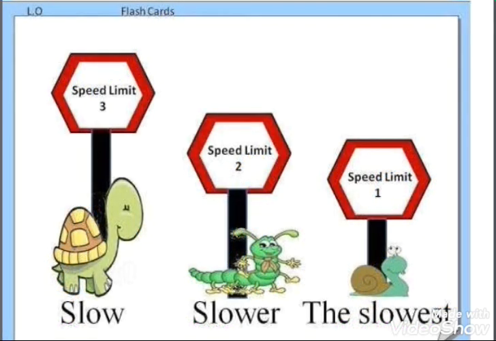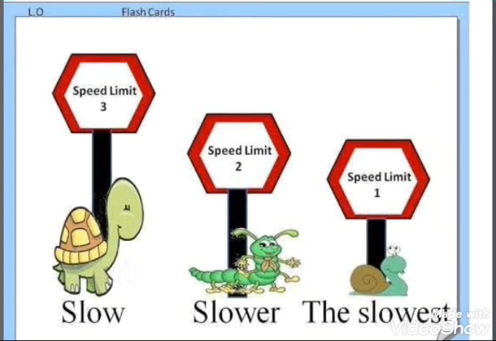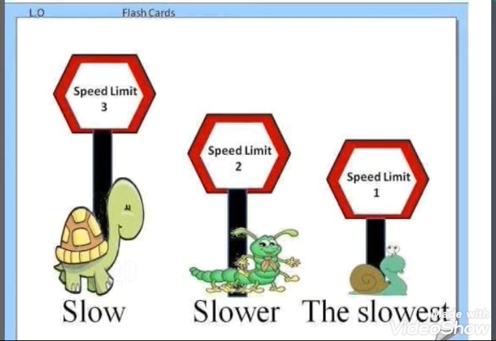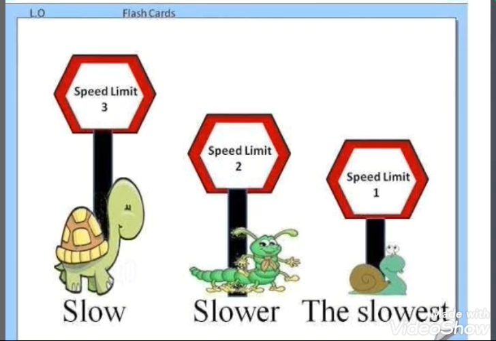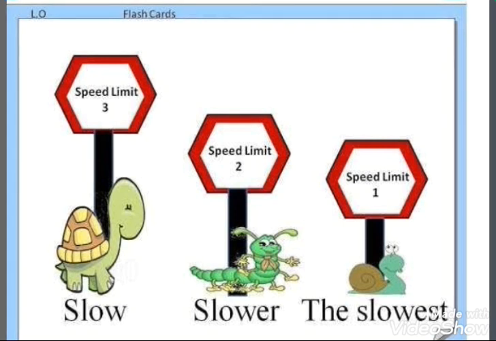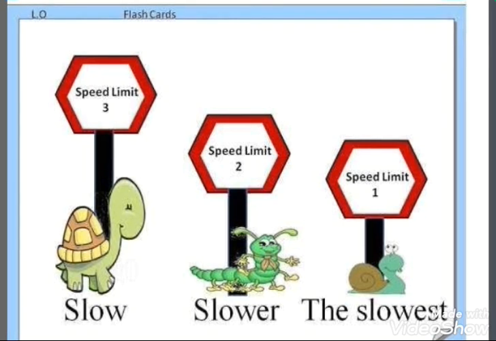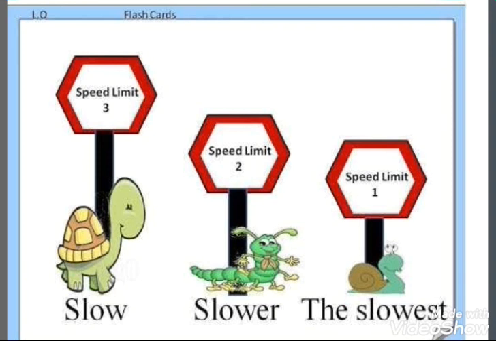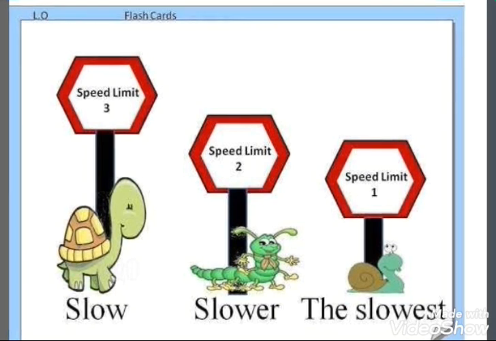Here we have the tortoise. The tortoise is slow. What about the caterpillar? The caterpillar is slower than the turtle. Slower than the turtle. And which one is the slowest?